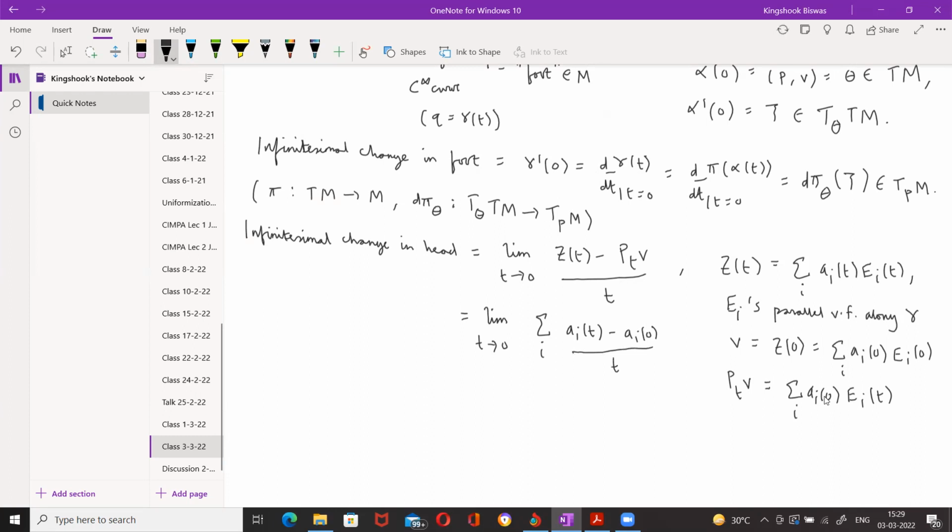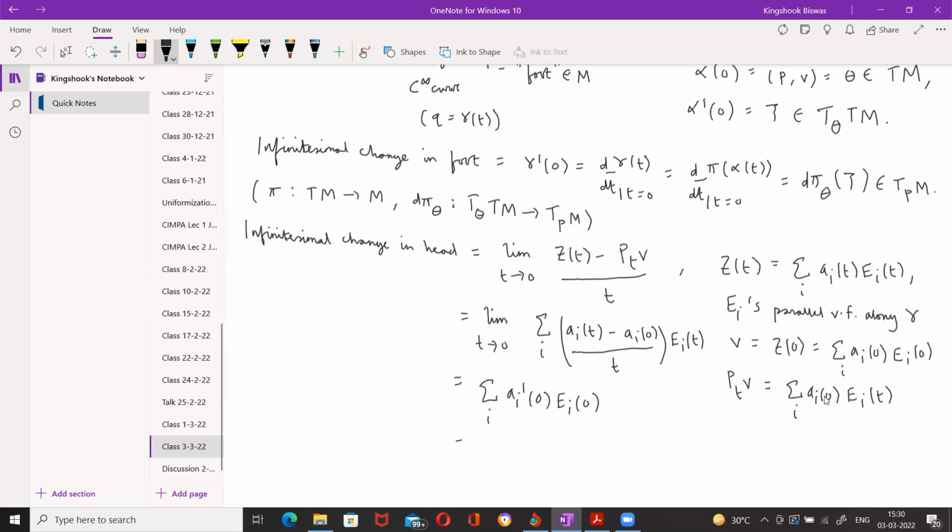divided by t, times e_i(t). Okay. Now as t tends to 0, this (a_i(t) minus a_i(0)) by t tends to a_i prime 0, and e_i(t) tends to e_i(0). So this gives me the summation over i of a_i prime 0 e_i(0), which is exactly Z prime 0, right?